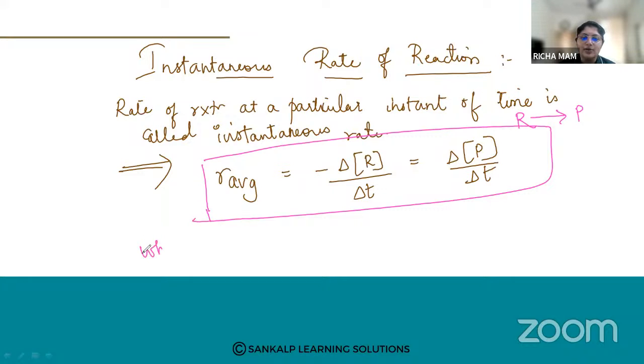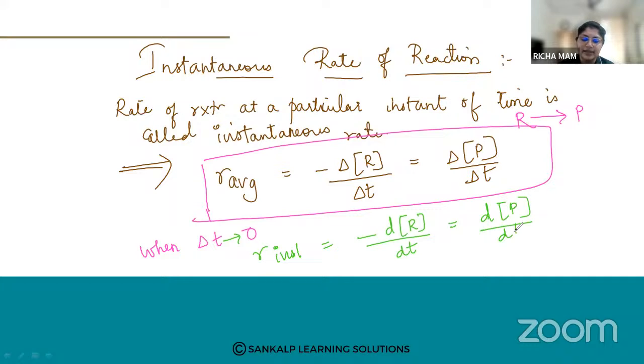Now, when delta T approaches 0, that is when we write the instantaneous rate. When delta T is approaching 0, not equal to 0, the instantaneous rate is given as minus d[R] by dt, is equal to d[P] by dt, which is equal to the slope.